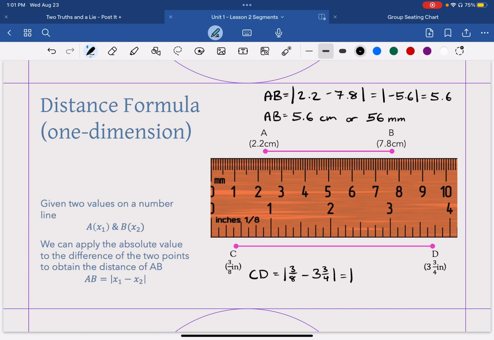We do need to change this because we don't want mixed fractions. And now, since we're subtracting fractions, we need to make sure that they have common denominators.